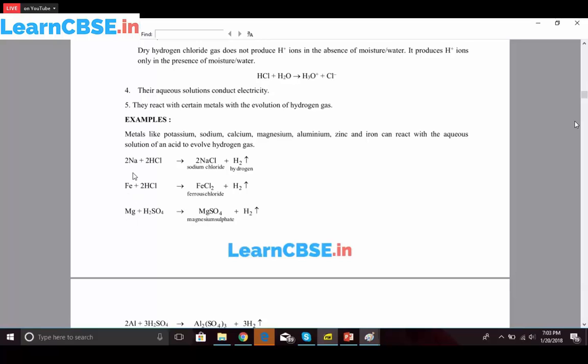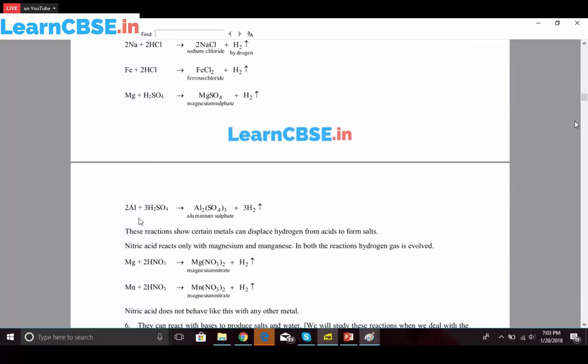Because sodium is in group 1 and forms a +1 charge. But here iron is a +2 charge and magnesium is from group 2, also a +2 charge. That's why we are not writing the 2 in front of the Fe and the Mg.